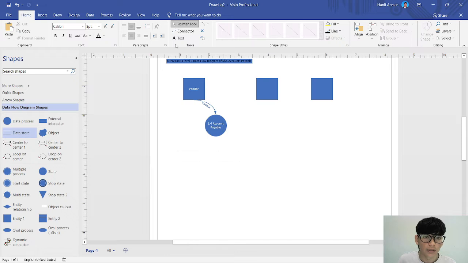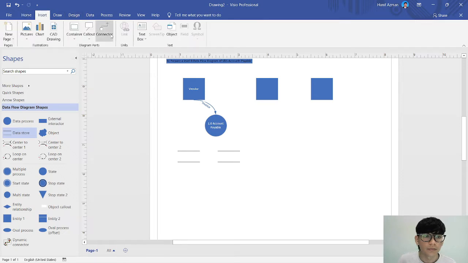And here is the accounts payable, and then the vendor invoice.